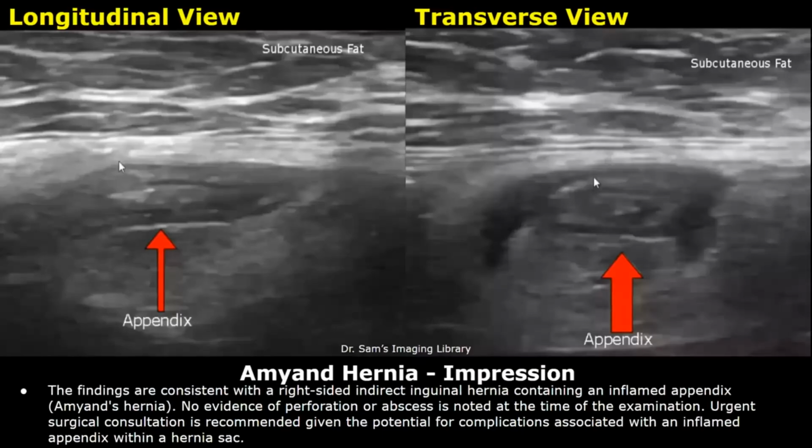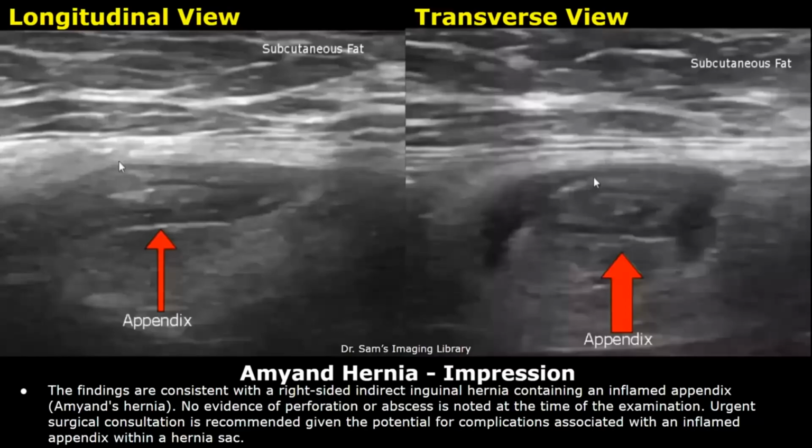Here is the impression. The findings are consistent with a right-sided indirect inguinal hernia containing an inflamed appendix. No evidence of perforation or abscess is noted at the time of this examination.